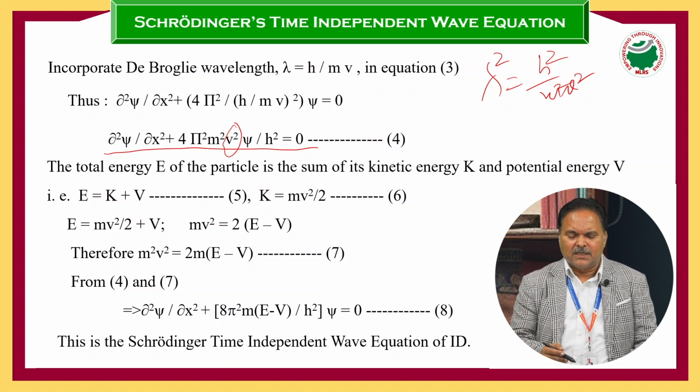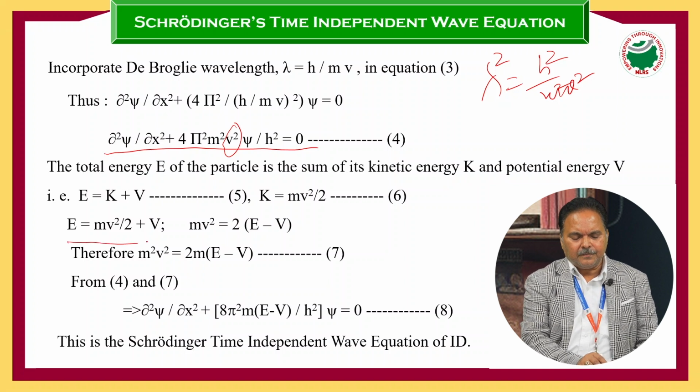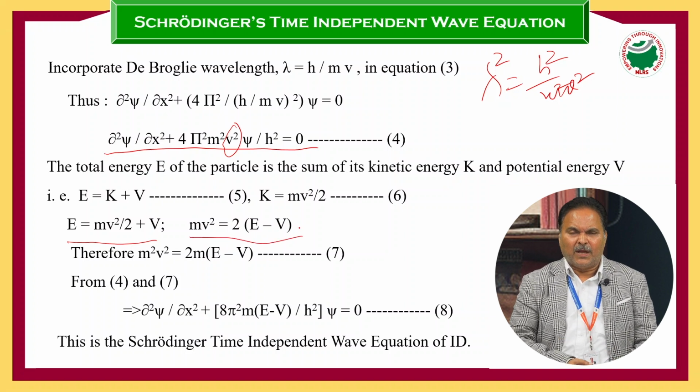The total energy is kinetic energy plus potential energy. Kinetic energy we know is half mv square. So total energy E is equal to half mv square plus V. Then mv square is equal to 2 into E minus V, as the 2 goes to the other side and V goes to the other side.